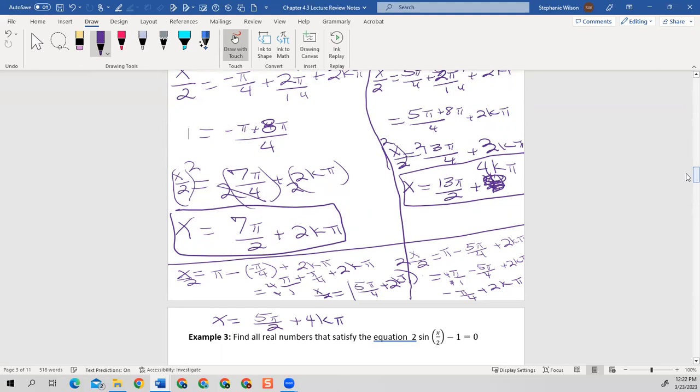So now we're going to end up with 4 possibilities. And this one here is negative pi fourths plus 2k pi, multiply each side by 2 because we got to undo the fraction. Now we get x is equal to negative pi halves plus 4k pi.